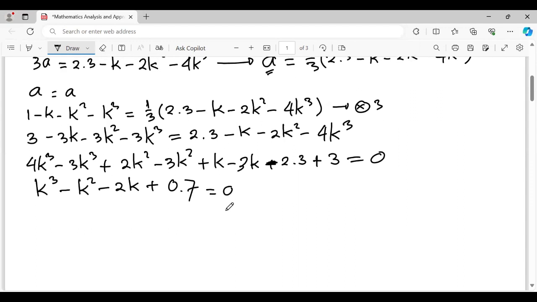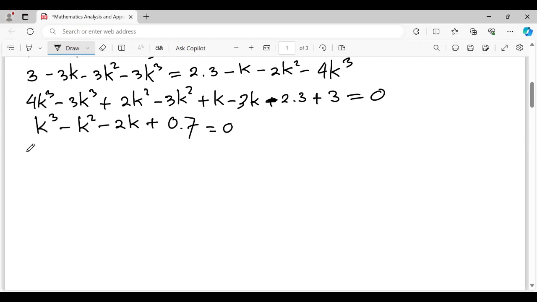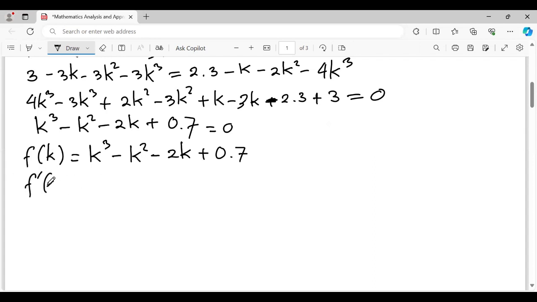Okay. Now, if this is a function in k, f(k) equals k cubed minus k squared minus 2k plus 0.7. And the derivative of this function is 3k squared minus 2k minus 2.